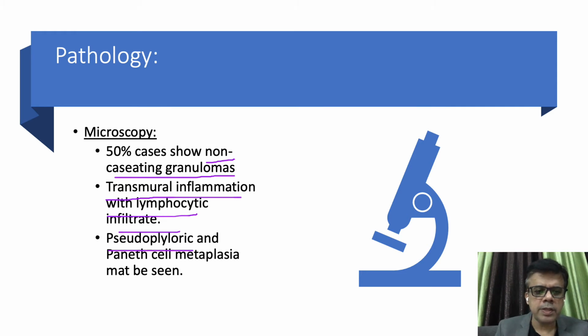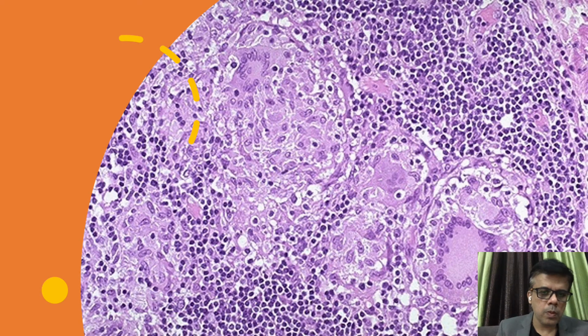Pseudopyloric metaplasia, that is the appearance of glands that mimic the architecture of the stomach antrum, and Paneth cell metaplasia may be seen when it involves the left side of the colon. As you can see in the image, the dense lymphocytic infiltrate and the beautiful multinucleated giant cells, and you can see the formation of a granuloma, the epithelioid cell clusters.